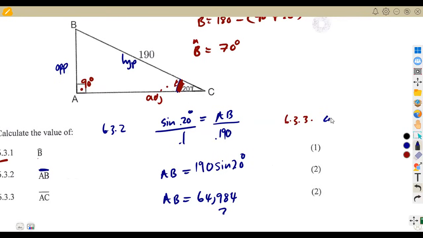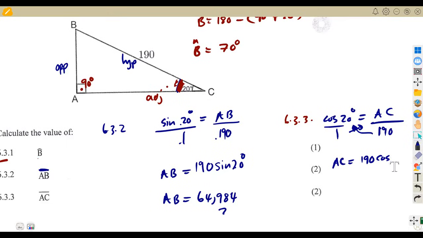So cos of 20 degrees is equal to the adjacent, AC, over the hypotenuse, 190. Cross multiply: AC is equal to 190 cos 20 degrees. So our AC at the end gives us 178.542.